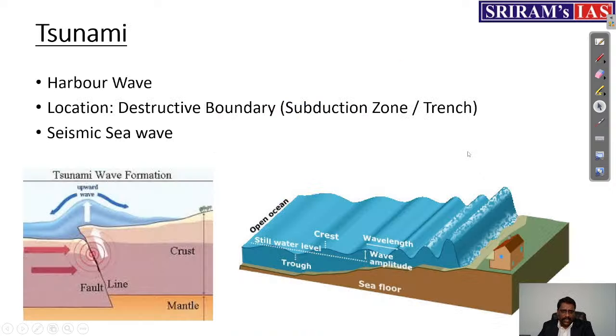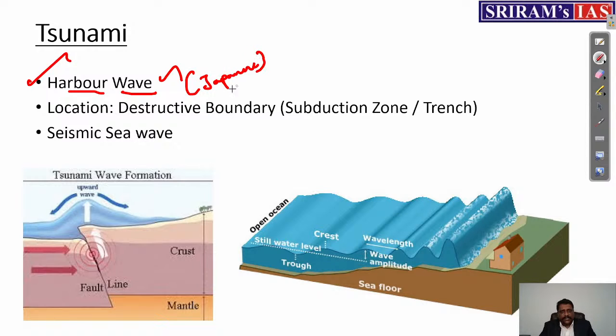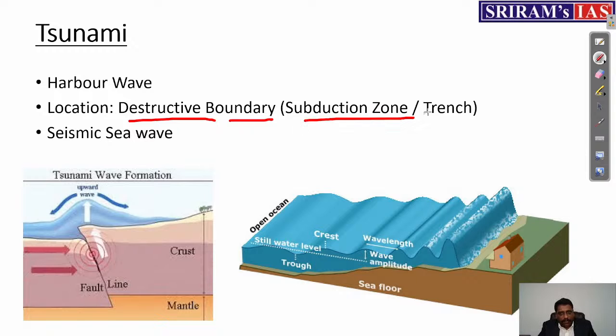Right. With that, coming to the penultimate topic called tsunami, my dear friends. See, what is a tsunami? Tsunami means harbor waves. The literal meaning is harbor waves in Japanese. In Japanese, you call them as what? Harbor waves. But if you ask me where exactly is the genesis of tsunami, where exactly I'll be having the formation of tsunami, if you ask me, along the destructive boundary. Destructive boundaries are the ones where I'll be having a subduction zone or a trench.